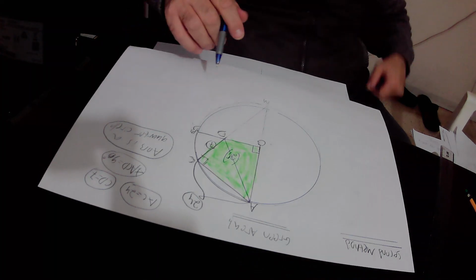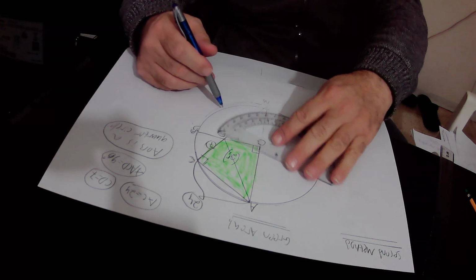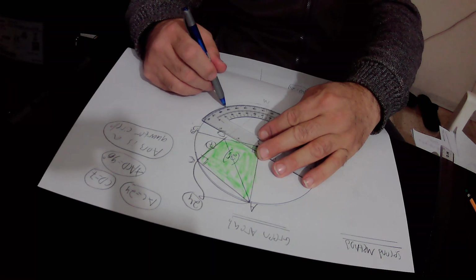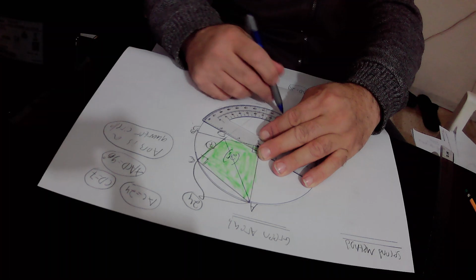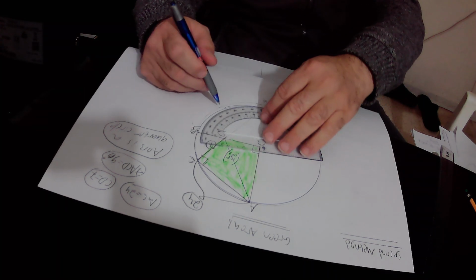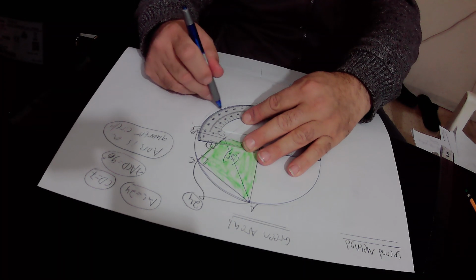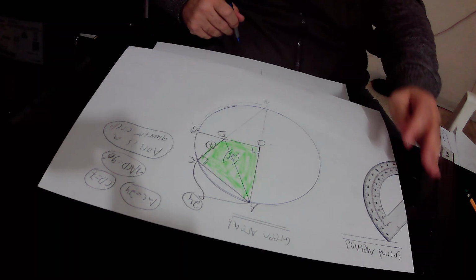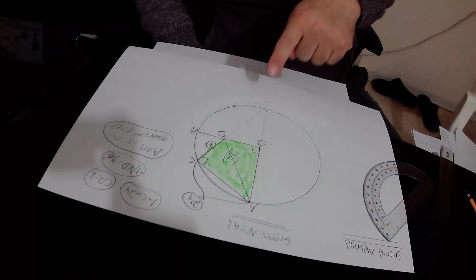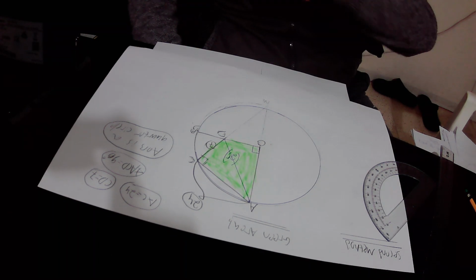We completed the quarter circle to a circle. Point O is the center of the circle, point A is a point on the circle itself, therefore OA is the radius of the circle.